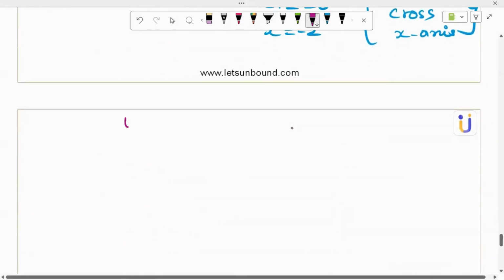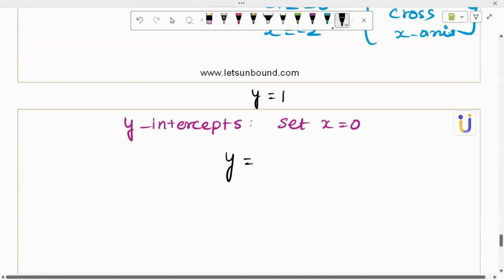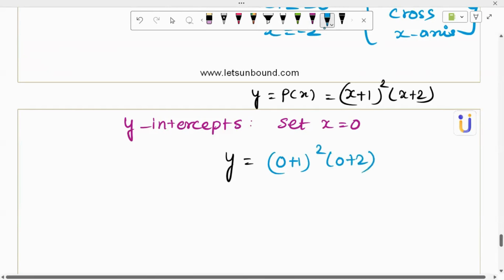Now coming to the y-intercept. It's very simple. Set x equal to 0. So y is equal to P of x, right? x plus 1 whole square times x plus 2. When you substitute 0 plus 1 square into 0 plus 2, it's going to be 1 times 2, which is 2. So 0 comma 2 is the y-intercept.